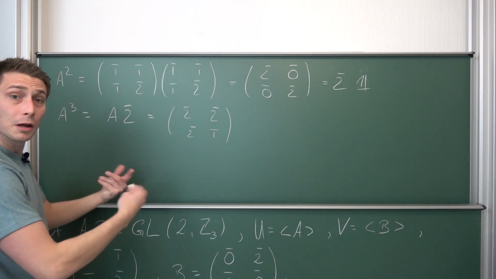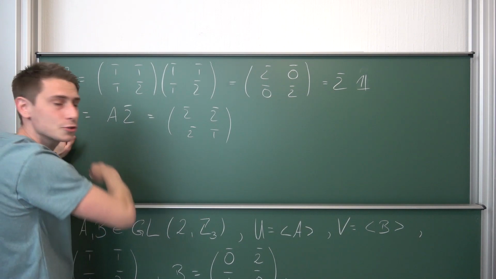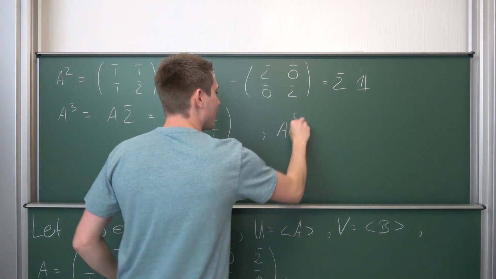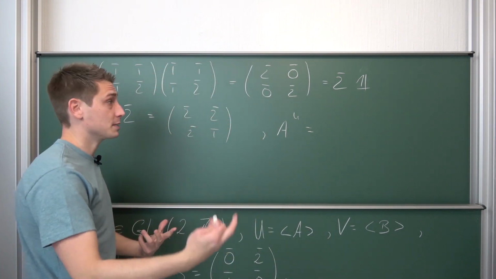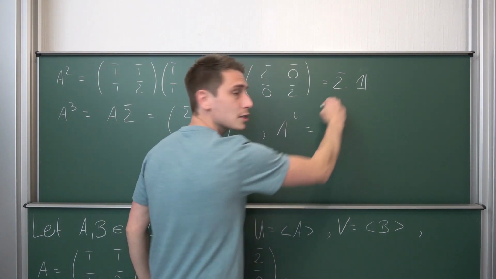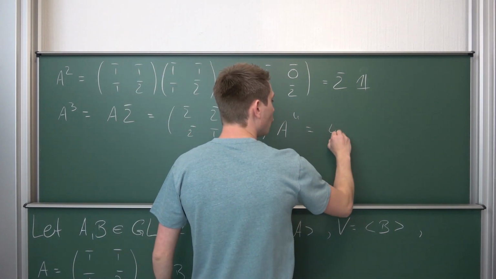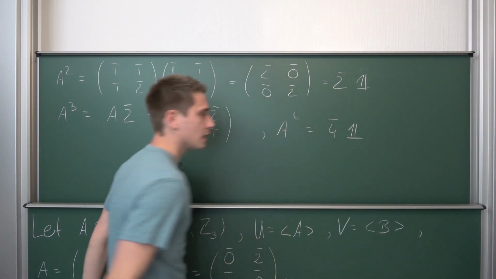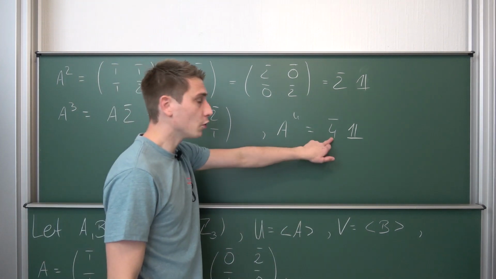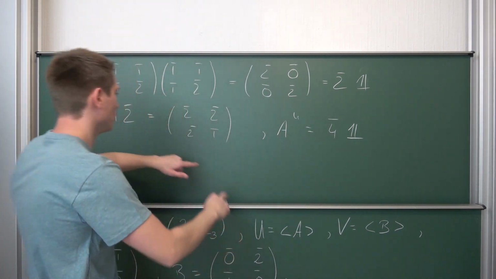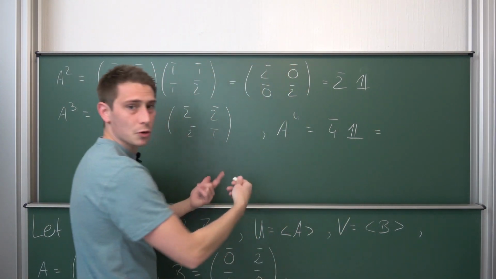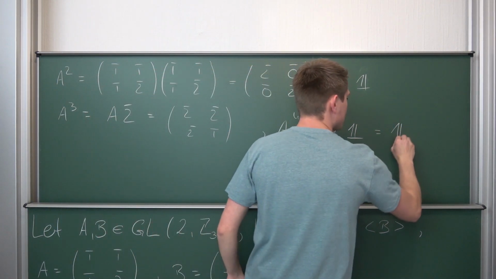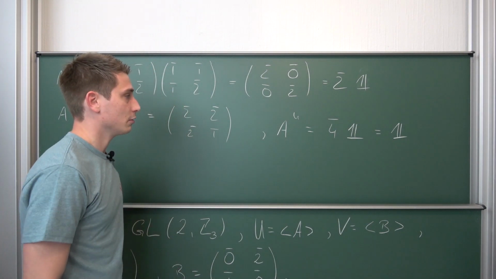Alright, great. Now we are just going to compute a to the 4th power, and here's where the magic is going to happen. A to the 4th power is nothing but a squared times a squared. This is nothing but this squared. So this makes 4 basically times the identity matrix, but 4 is nothing but 1 in our modulo 3. So 1 times all the entries in the identity matrix is just the identity matrix itself.